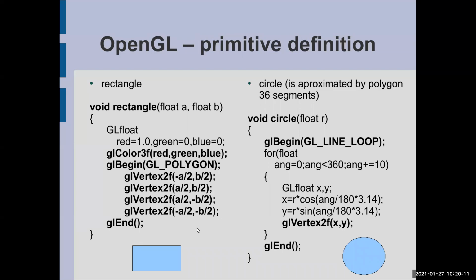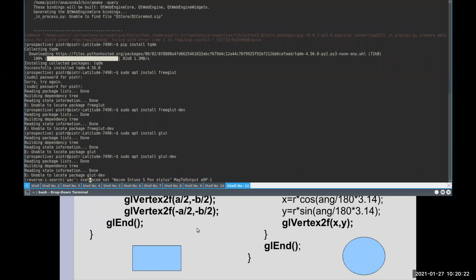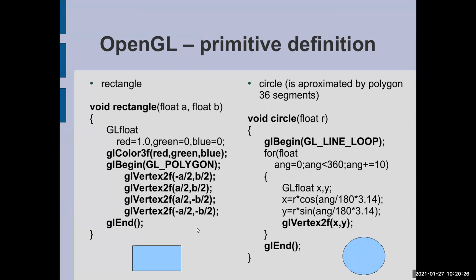So minus a over 2 and b over 2, assuming that this is b and this is a.